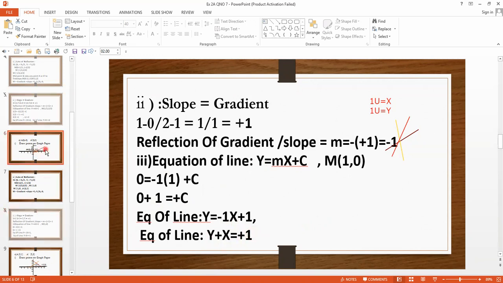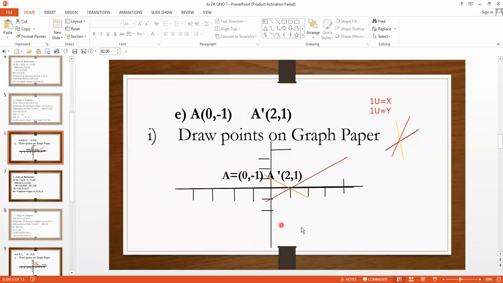Clear? Again, we come to the graph. So this line, look here, this brown line cuts the y-axis at the y-intercept. And what is the value of c? Yes, the value of c is +1. So it cuts here on the vertical axis at point c, that is +1, and then we also have to draw the midpoint, which is 1 and 0.